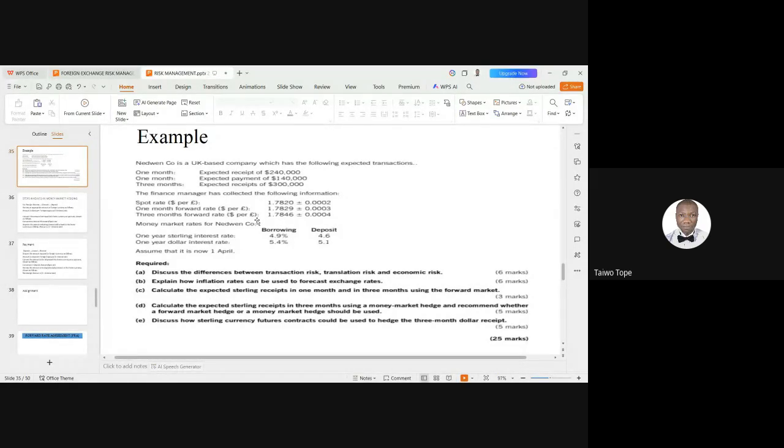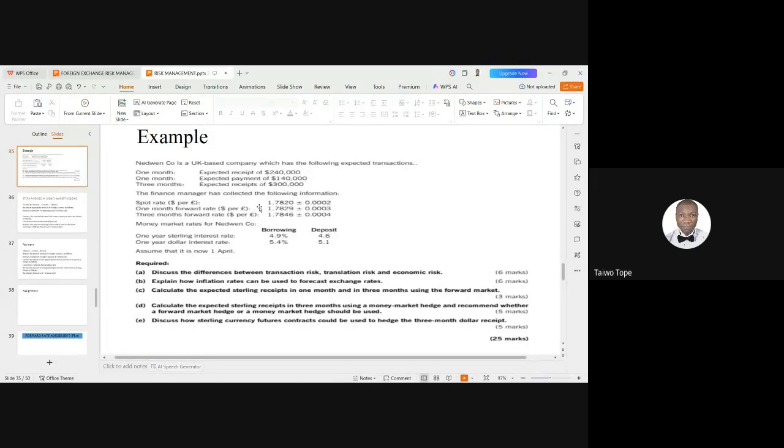So based on this question, from point C, we should calculate the expected sterling receipt in 1 month and in 3 months using forward markets. So what are we going to do? Using forward markets, what will be the receipt in sterling?